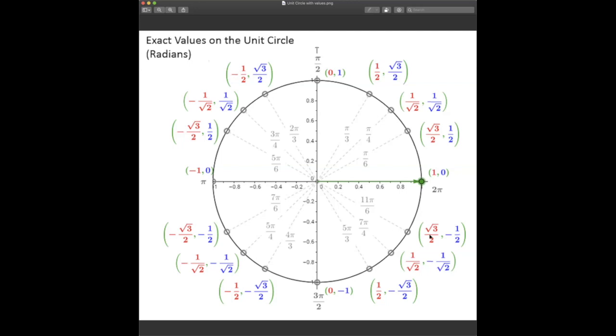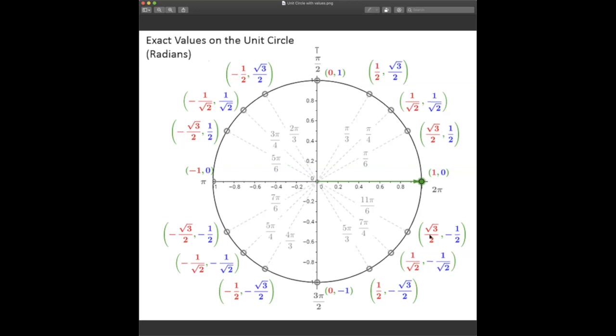However, there are some angles in the unit circle where we can't use that method, specifically the quadrantal angles. I was just saying how we can find sine of 2 pi over 3 by using the reference angle for 2 pi over 3, which is pi over 3, and then determining what quadrant it's in.